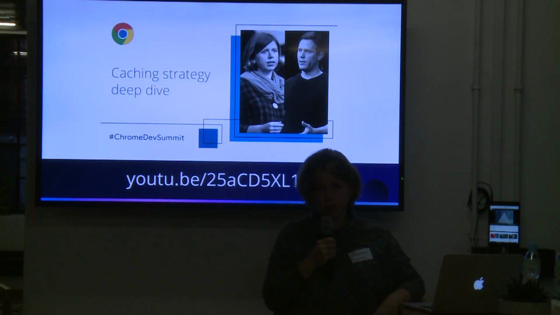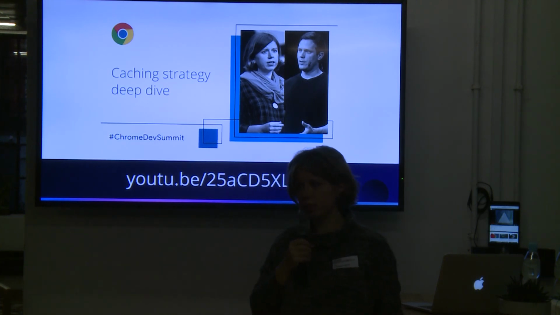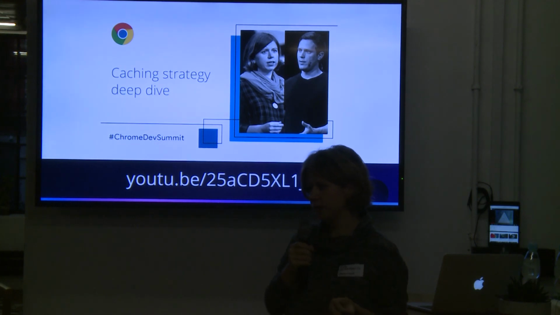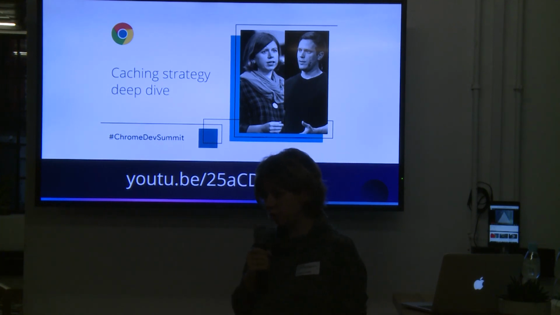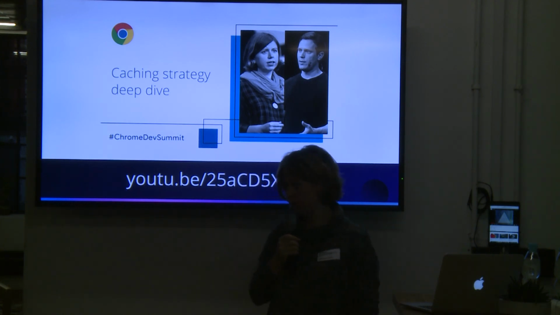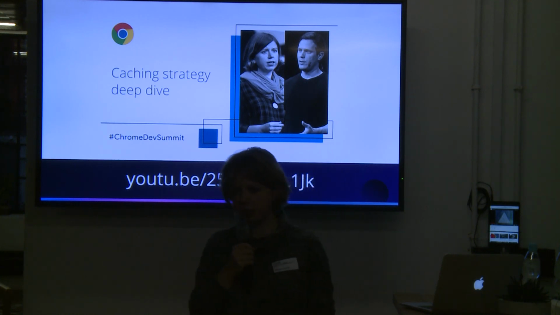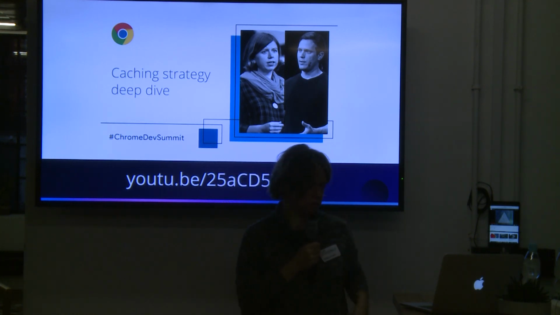And if you want to know a little bit more about caching strategies, and especially how to measure their performance impact, how to implement some monitoring of, for example, how often the cache is being used versus the network, whether this strategy for my real user base in Tanzania is actually faster than the one I use in Amsterdam, then you can go to this talk that my friend Philip and I gave recently on YouTube and learn some more about this.